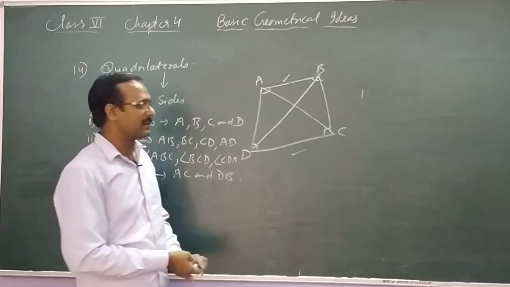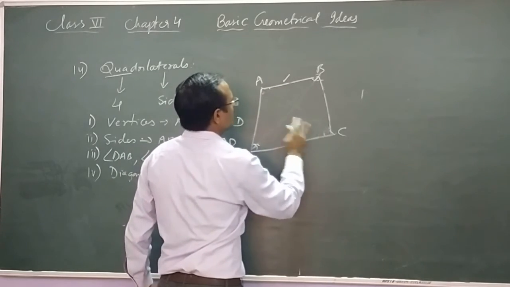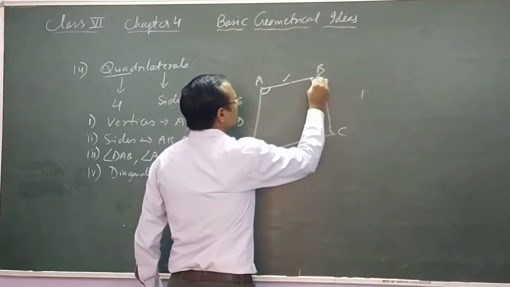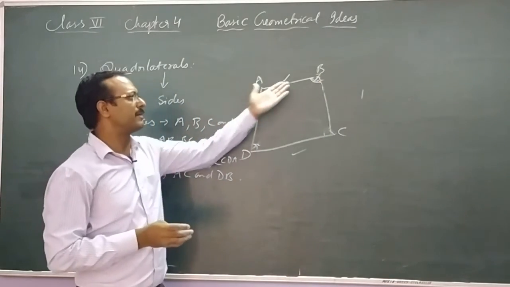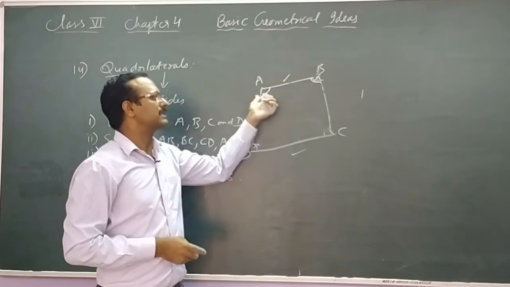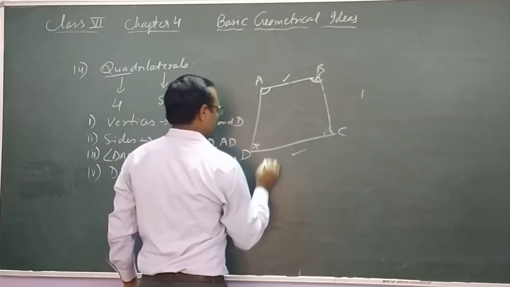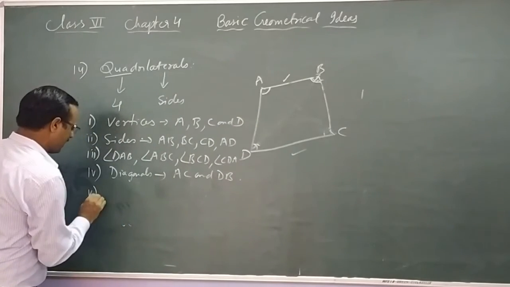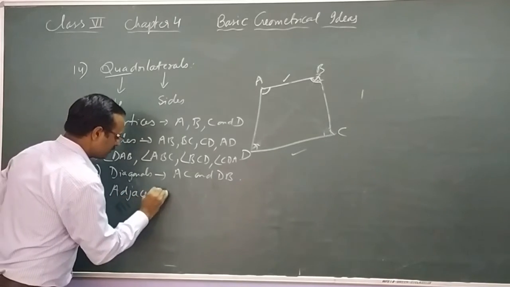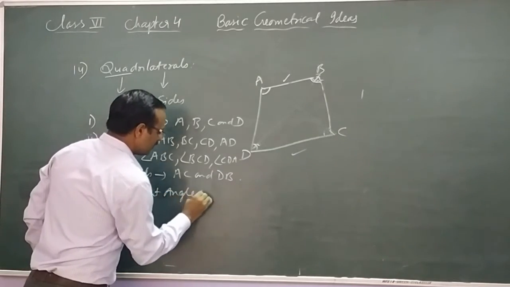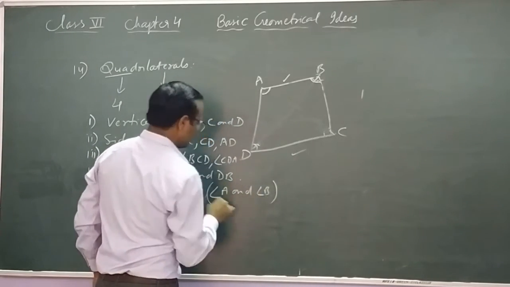Opposite angles are also there. First, we can see that angle A and angle B are connected by a common line segment AB, so you can say these are adjacent angles.